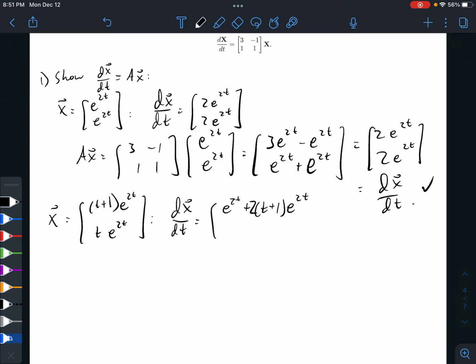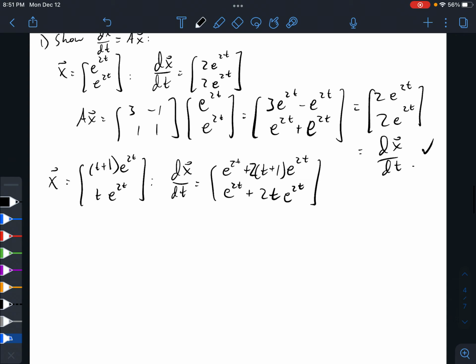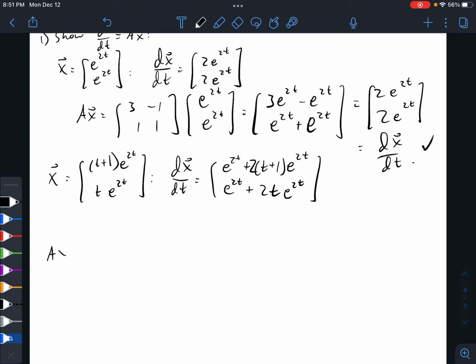Write it like that. And then the derivative of t e to the 2t is e to the 2t plus 2t e to the 2t. Again, just doing some product rules. And then A times x is equal to 3 negative 1, 1, 1 times what we had.